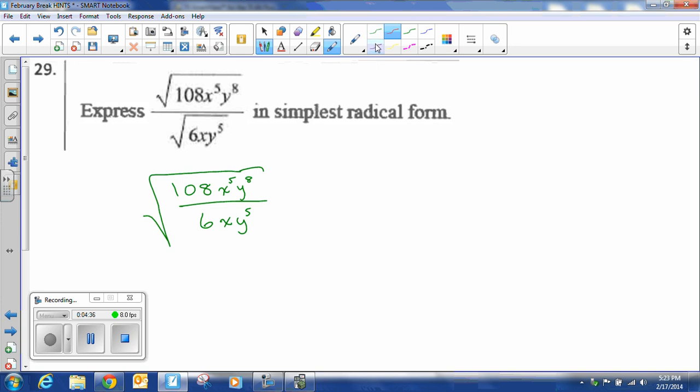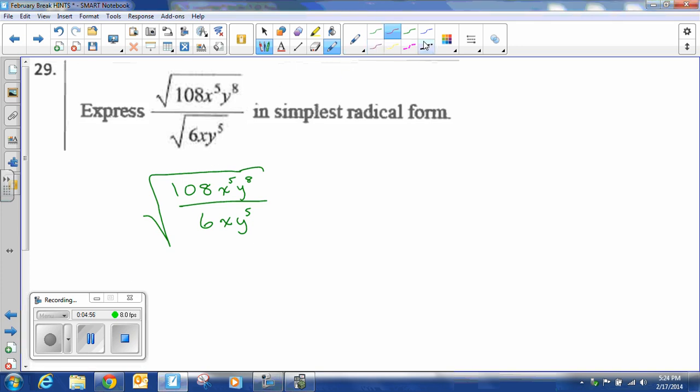And that makes our lives a lot easier. We can take 108 divided by 6. We can take x to the 5th, and we can cancel out one of these x's here. Y to the 8th divided by y to the 5th. We can cancel that as well.